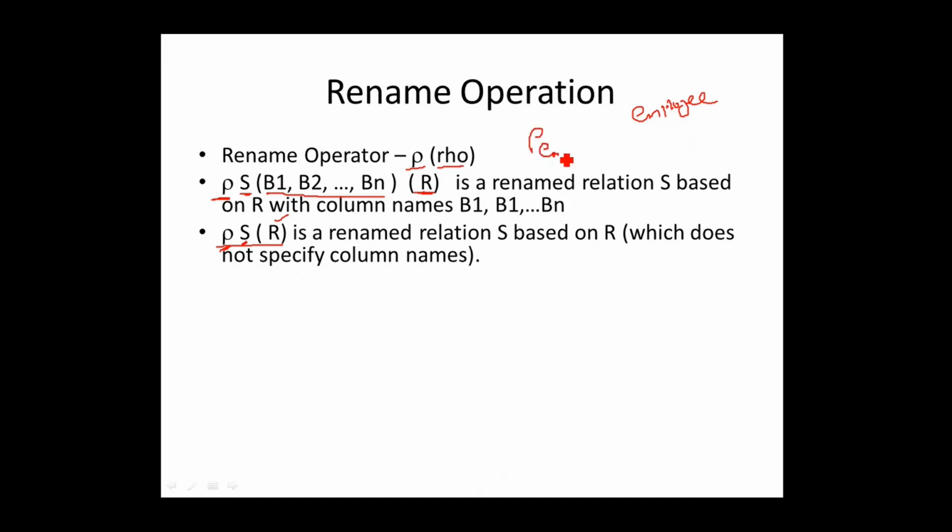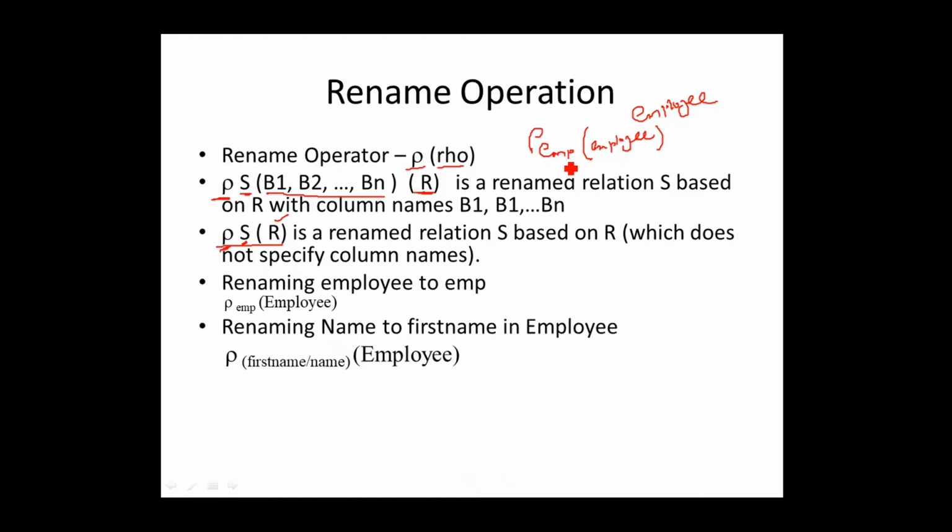Rho operator, new name is emp, old name is employee. This one corresponds to all the column names. So if you mention emp and then all the column names, it means that these are the columns in the new table, the table that has been renamed. The same example is given there for your understanding.